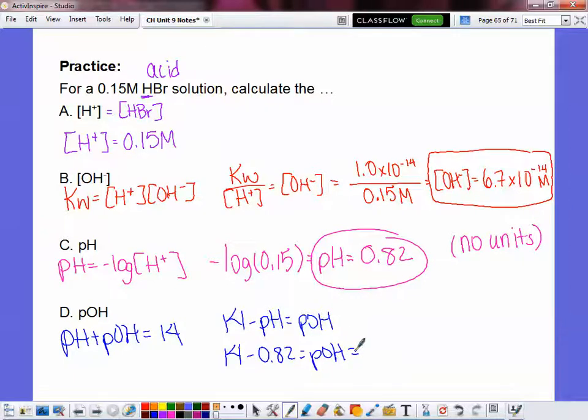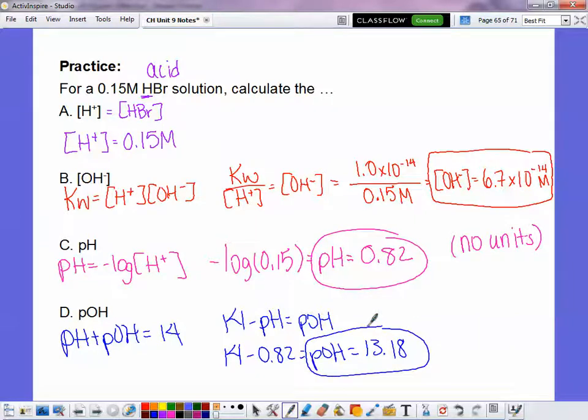So what is 14 minus 0.82? 13.18. And again, no units on pOH. In the next problem, we're going to talk about the sig figs of pHs and pOHs.